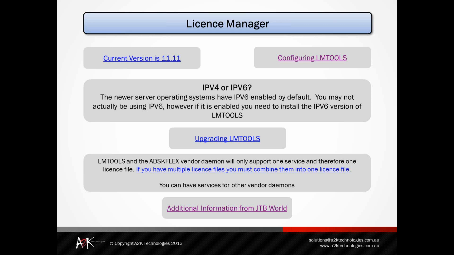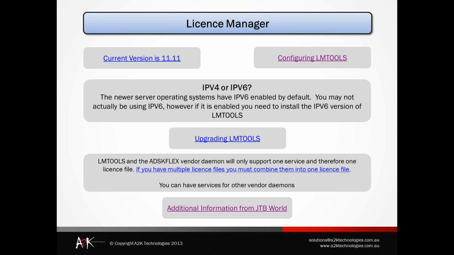Otherwise, you'll have issues where the workstations appear to get a license for a while, and then it can end up dropping out as it's unable to resolve the DNS connections, etc. So I've also got a hyperlink there for upgrading LM Tools from an older version to a current version.